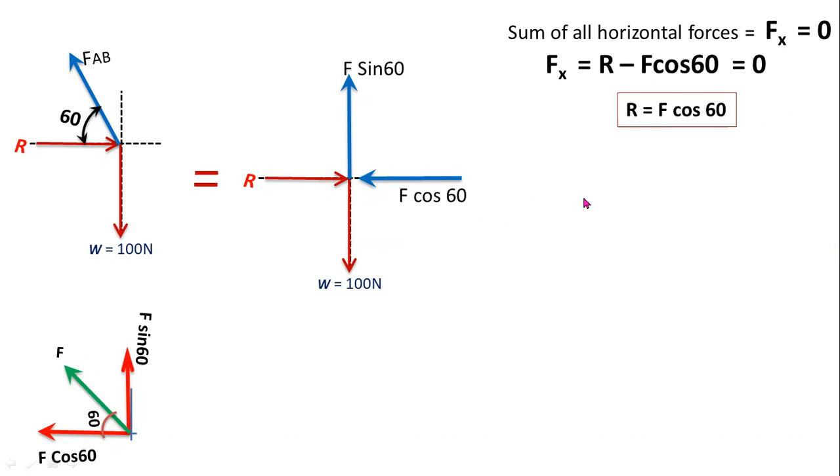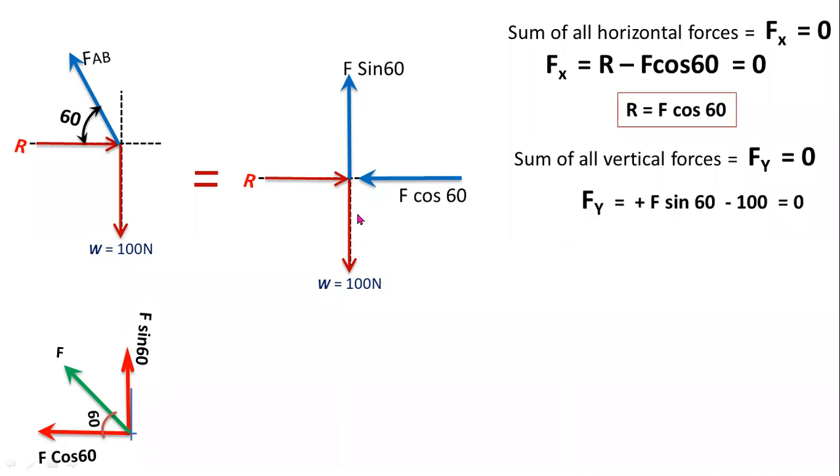Now sum of all vertical forces Fy equal to 0. By adding these two vertical forces, you can get the value of force FAB. F sin 60 acts vertically upwards, so you have to consider a positive sign.